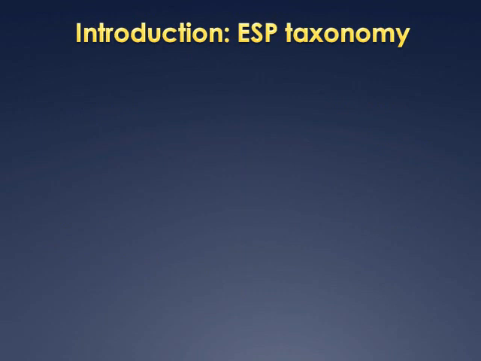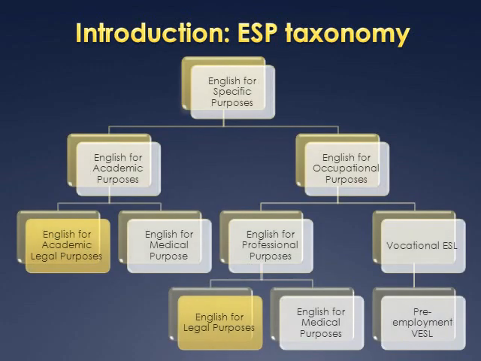Where does legal English fit in the ESP taxonomy? Johns and Price Machado distinguish English for academic purposes and English for occupational purposes as the two branches of ESP. Because of its academic focus, English for academic legal purposes resorts under English for academic purposes.